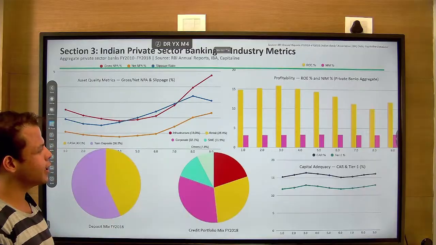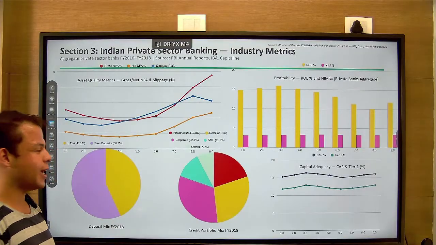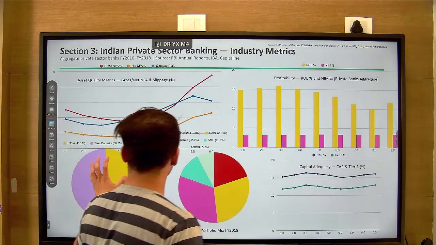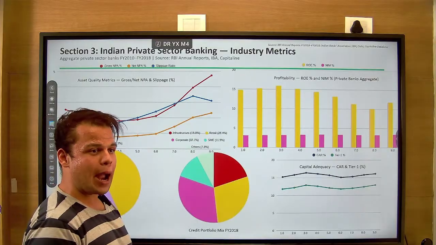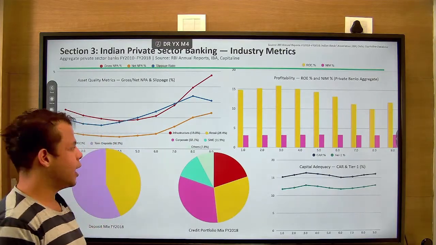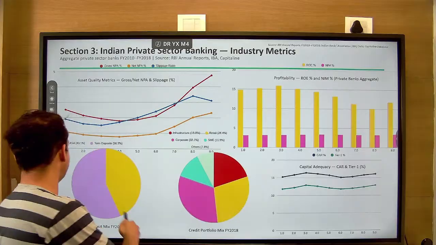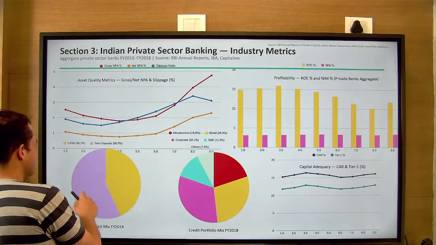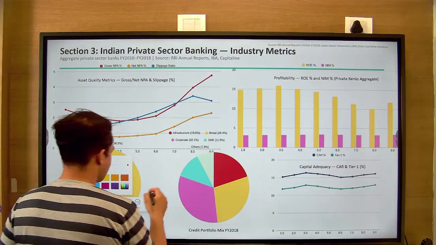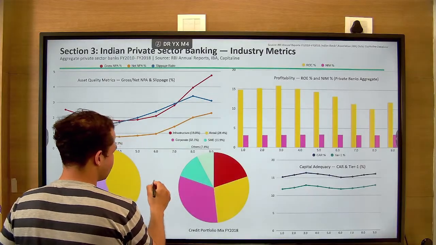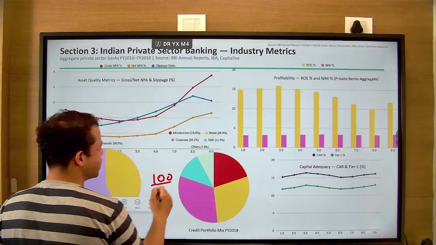So this chart tells us easily how a bank distributes its loans. If a bank gets 100 rupees, how is it distributed?